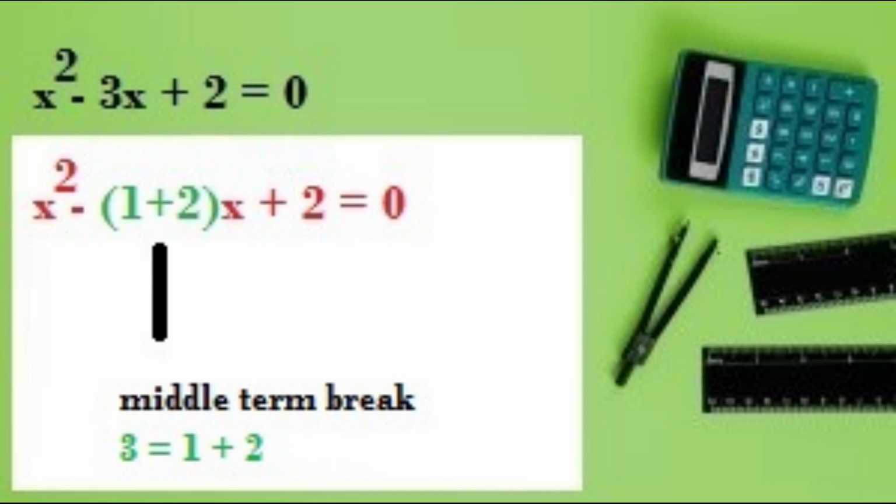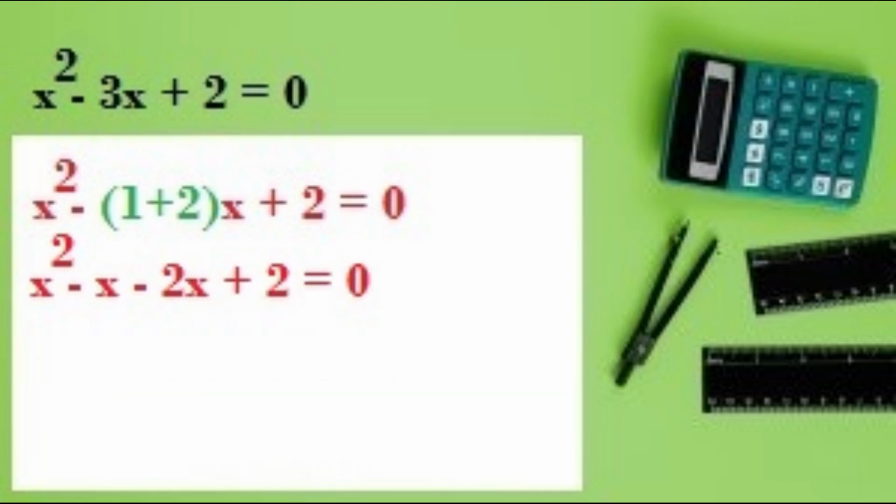So always you operate two things: number one, the coefficient of x square, and the constant. By operating these two numbers, you have to bring the middle term, meaning the coefficient of x. Here you have made the middle term by adding 1 and 2. Now keep solving.